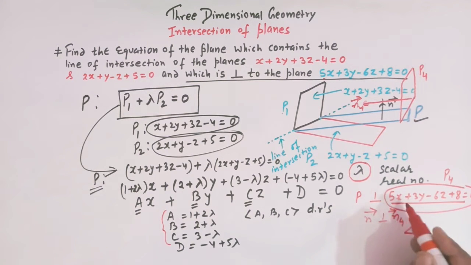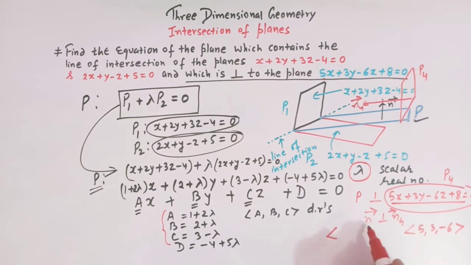So the direction ratios of the vector n4 are 5, 3, and minus 6, right? And the direction ratios of this normal vector n are 1 plus 2 lambda, 2 plus lambda, and 3 minus lambda, right?